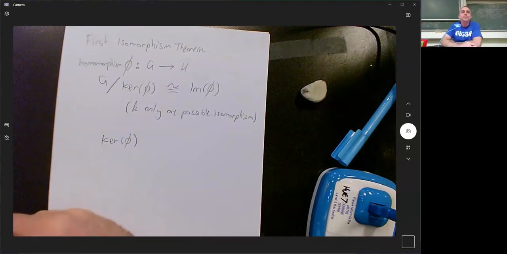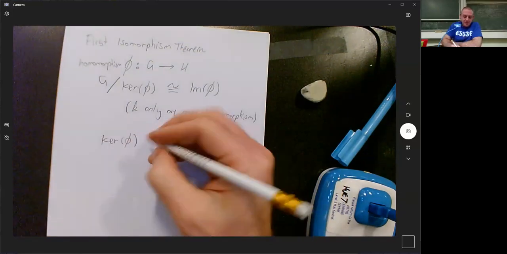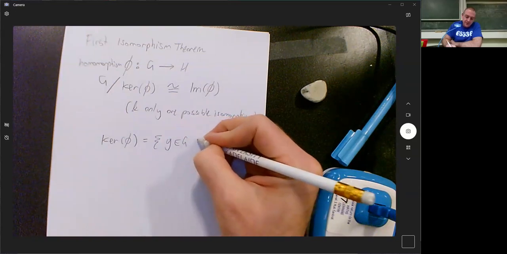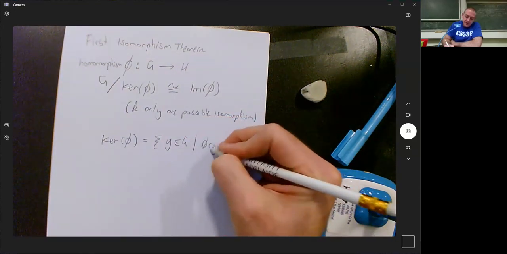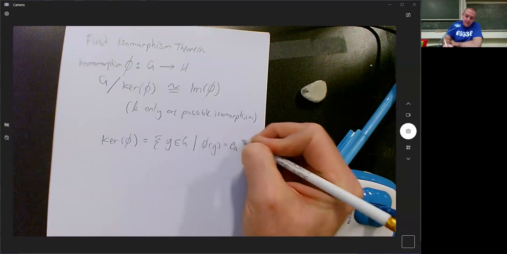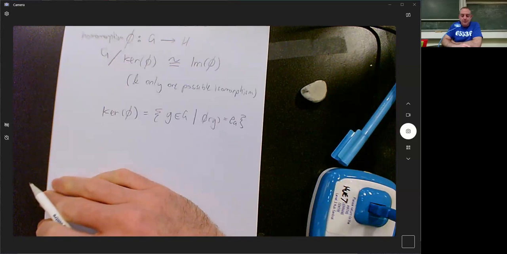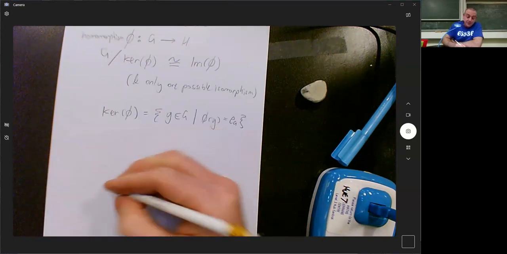So what is the kernel? Sets it to the identity. Sounds good to me. So the kernel is the set of things in the first space such that phi of g is the identity in the second space. I need to draw a picture of this.